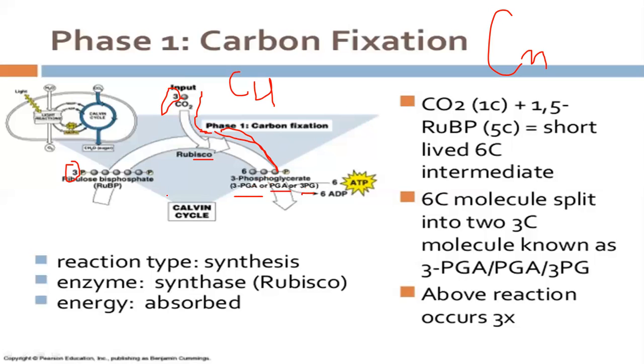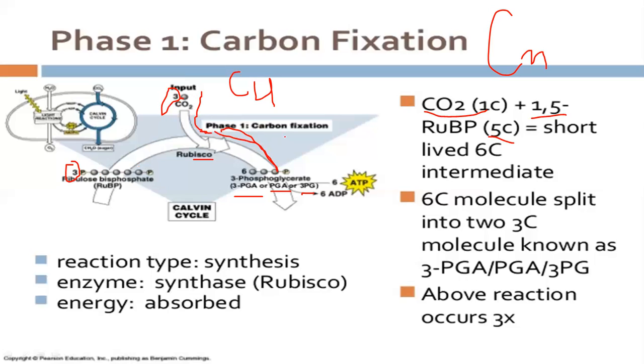So this blue triangle, you can see, is the carbon fixation process. Here carbon dioxide, which has 1 carbon, reacts with 1,5-ribulose bisphosphate, which has 5 carbon atoms. So 1, 2, 3, 4, 5 is 5 carbon atoms, and this is 1 carbon atom.